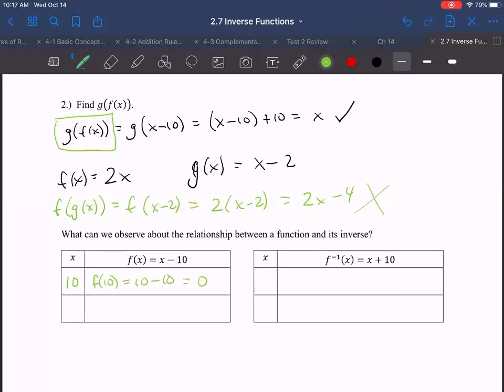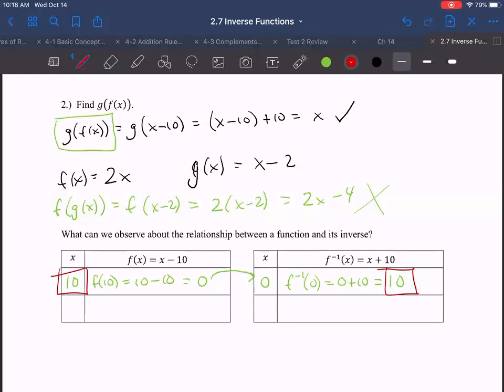If I then take that 0 and move it across to here and plug that 0 in there, I do f inverse of 0 equals 0 plus 10, and I get back out the 10. And the thing you should notice is this, the same, because these two functions are actually inverses of each other.